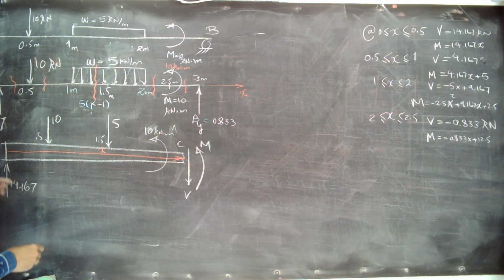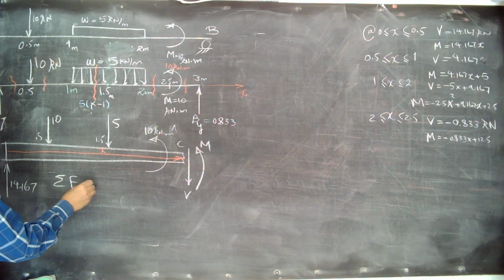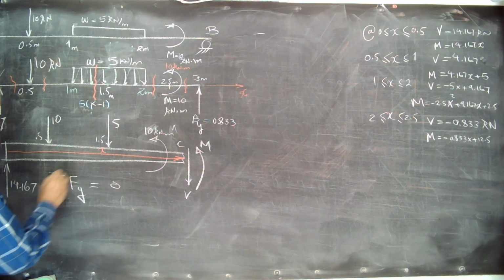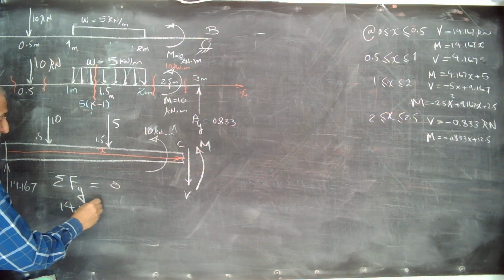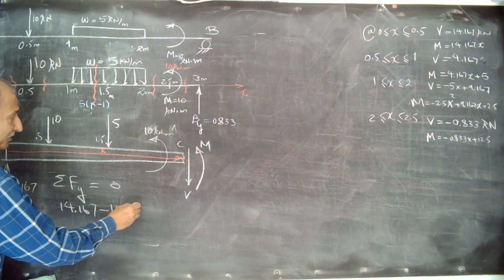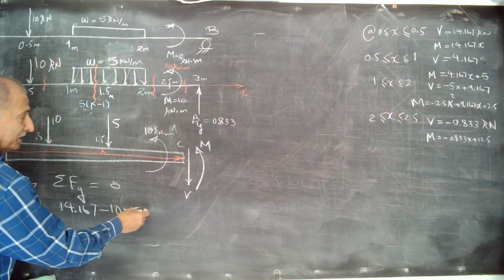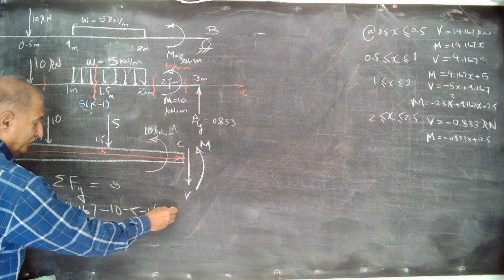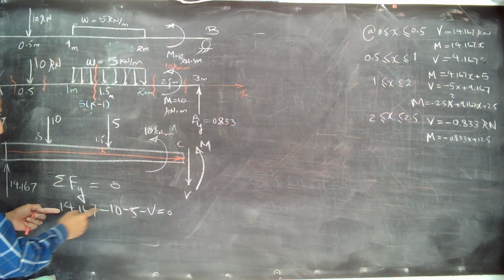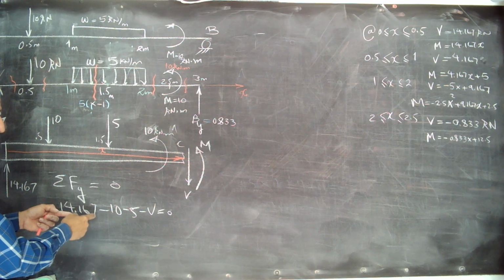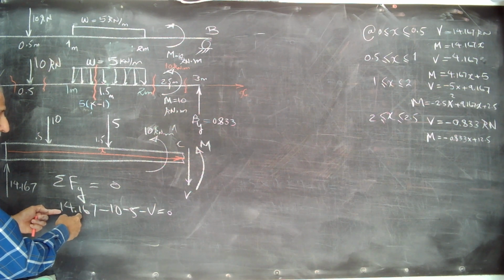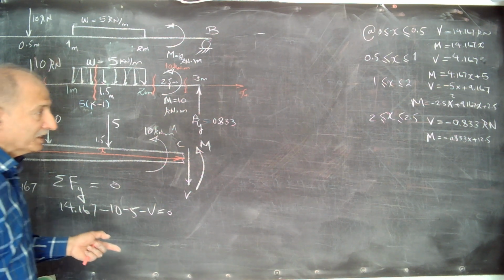How much is V? Summation of forces in Y again 0, 14.167 minus 10, minus 5, nothing here, this is a concentrated moment, not force, minus V equal to 0. You will find minus 15 plus 14.167 is minus 0.833, and going to the other side it becomes again negative.